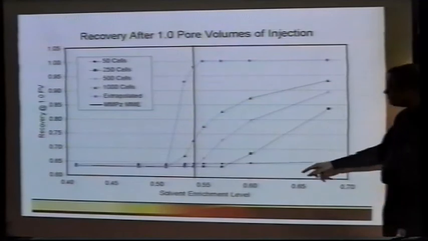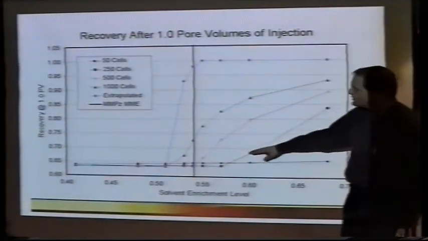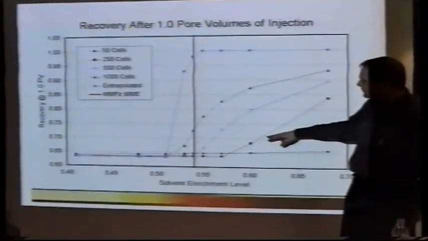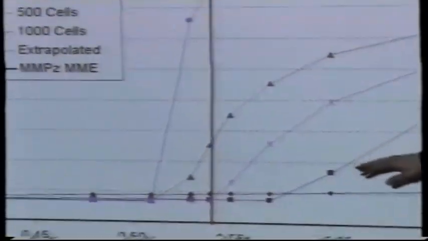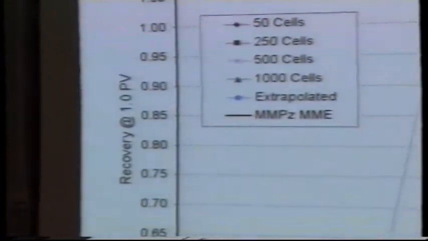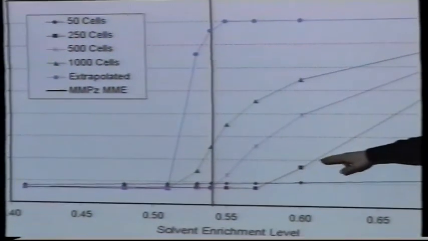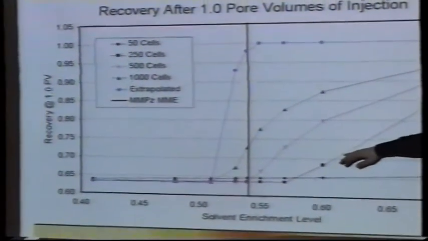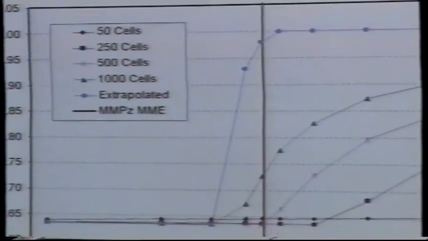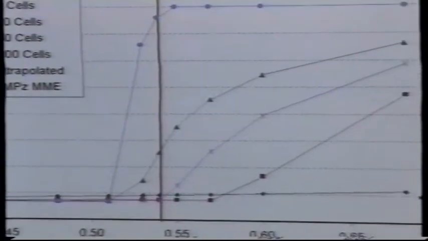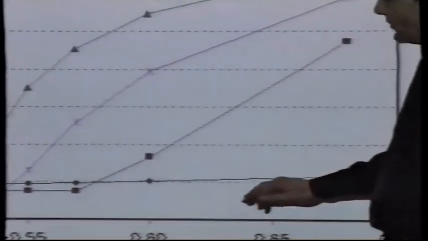And what he saw was enormous difficulty with the slim tube simulations, because they kept changing a lot until he got to a very high number of cells. So here's just an example. 50 cells down here shows almost no change in recovery. It's basically just immiscible the whole way.